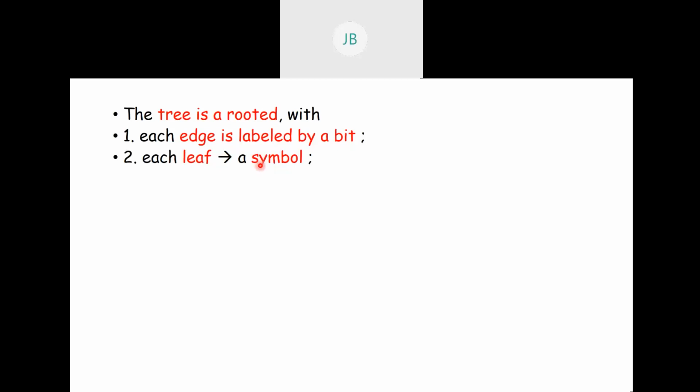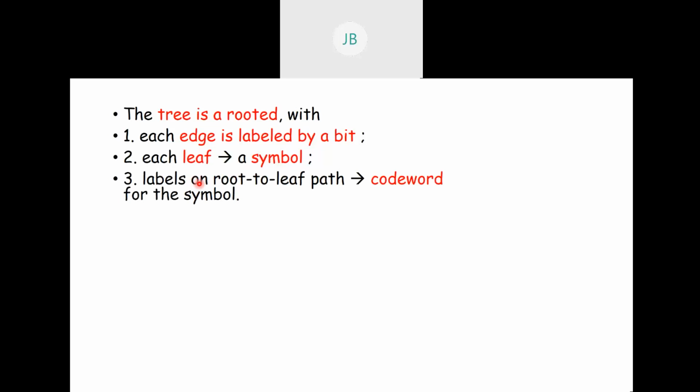That means an edge will end with a leaf. The leaf is nothing but a symbol, maybe A, B, C, D, and so on. And then the labels on the root-to-leaf path are nothing but the code word of that particular symbol. We will see with an example how to use these 3 steps.